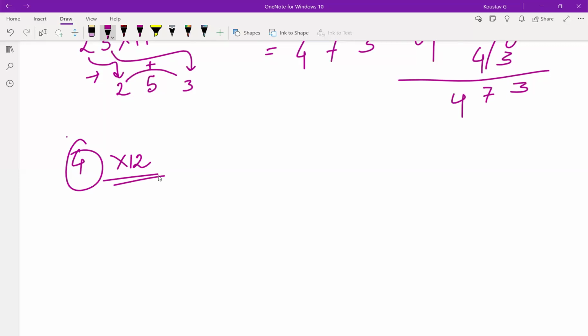Double each digit and add the right hand digit and write the result as the corresponding digit of the product. Are you getting it?